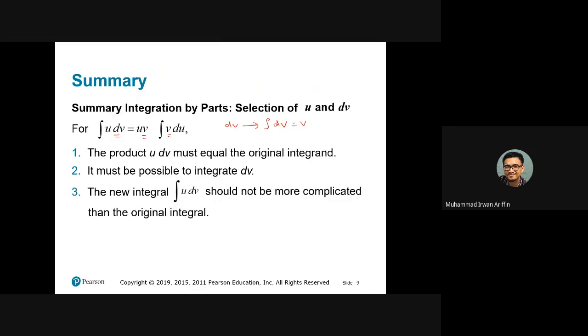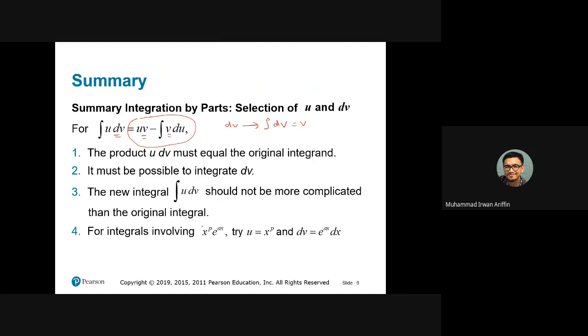And then the new integral of v du should not be more complicated than the original integral. The right hand side must be more simple compared to the left hand side. Otherwise it defeats the purpose of doing the integration by parts. If you can do this directly, why bother yourself to do the integration by parts?